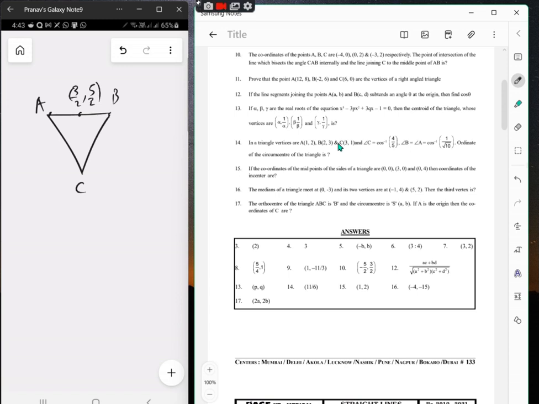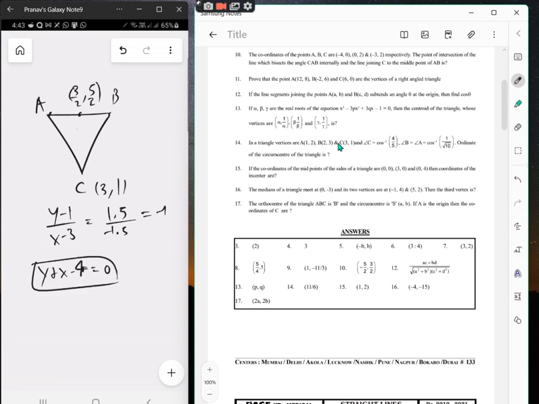Our C value is 3 comma 1, so y minus 1 upon x minus 3 equal to 2.5 minus 1, which is 1.5, upon 1.5 minus 3, which is negative 1.5, so negative 1. So y plus x minus 4 equal to 0. That's this line's equation.